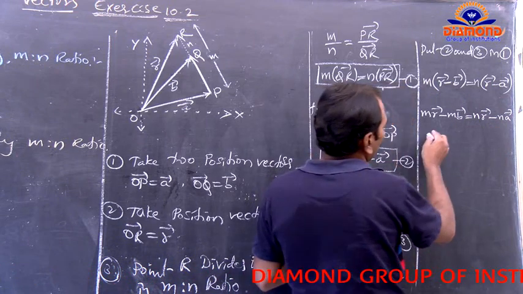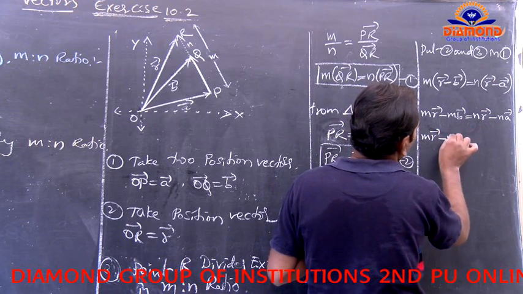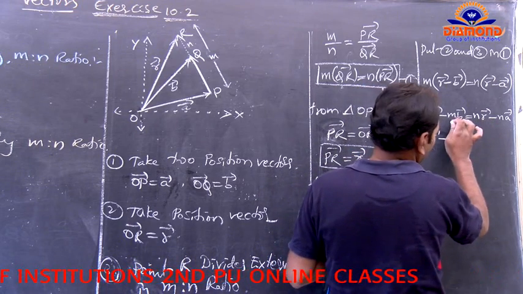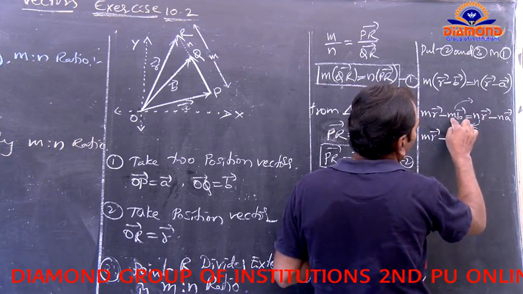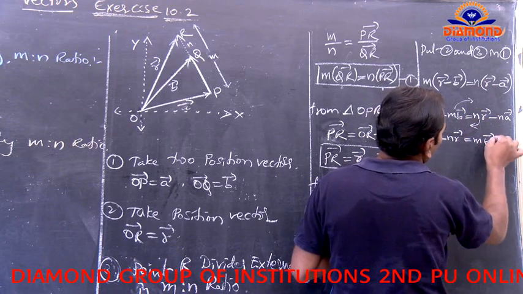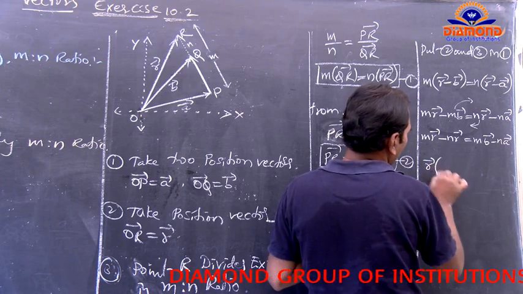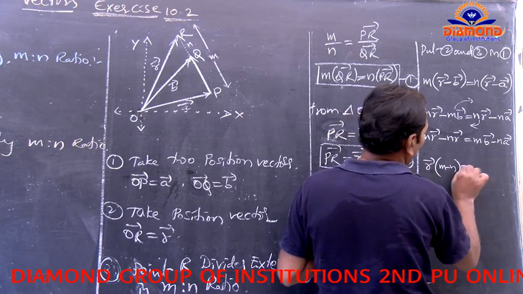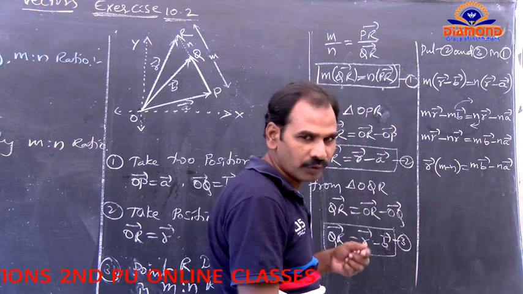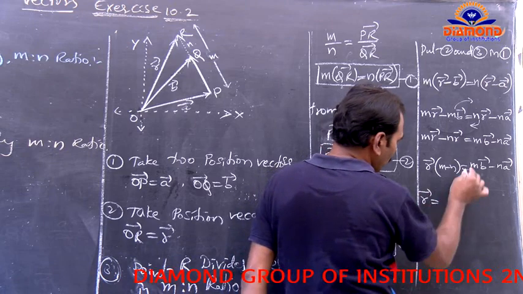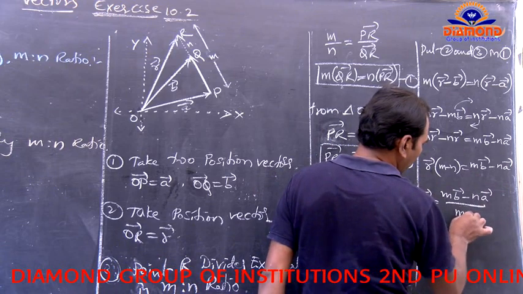R bar terms take this side: M R bar minus N R bar equals minus M B bar plus... M B bar minus N A bar. R bar is common. M minus N equal to M B bar minus N A bar. So simple. R bar equal to M B bar minus N A bar divided by M minus N.